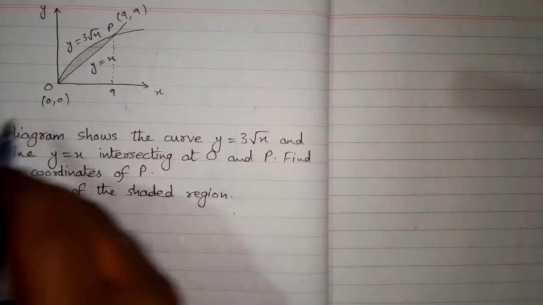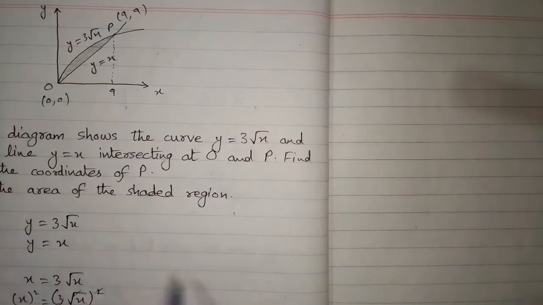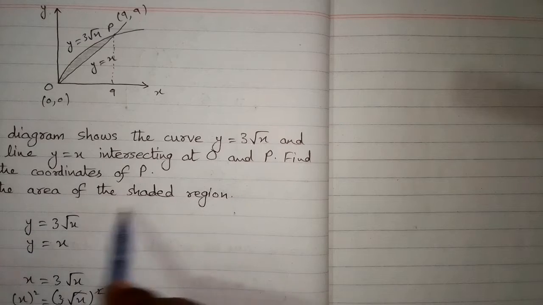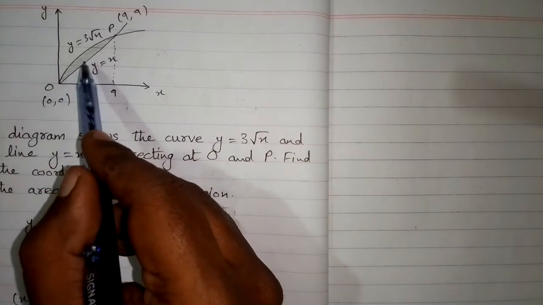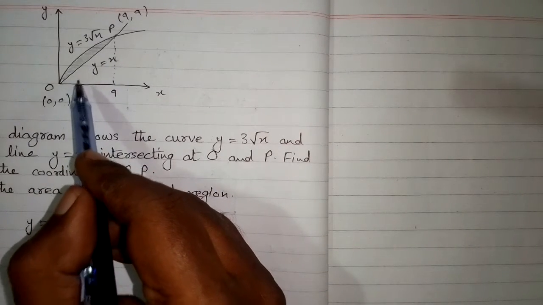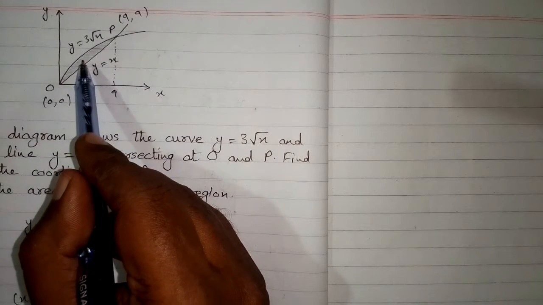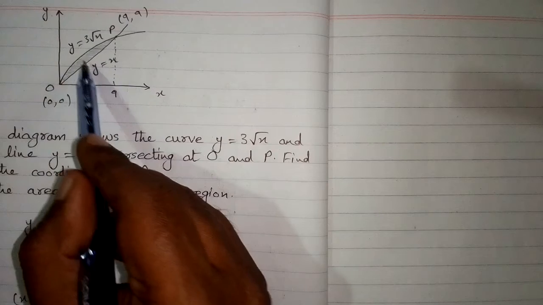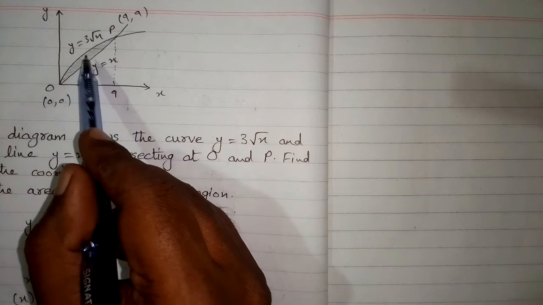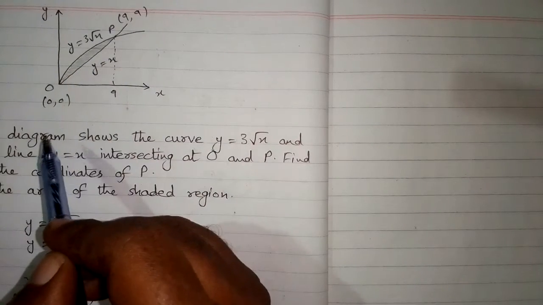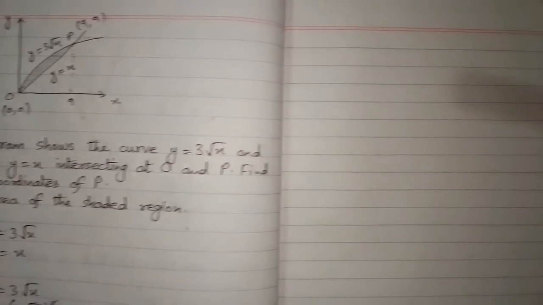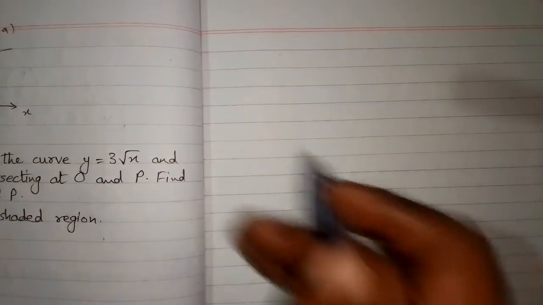Now in order to find the area of the shaded region, we will integrate. We can see that we have two curves over here. So in order to find the area of the shaded region, which is enclosed between this curve and this curve, we will do some integration.